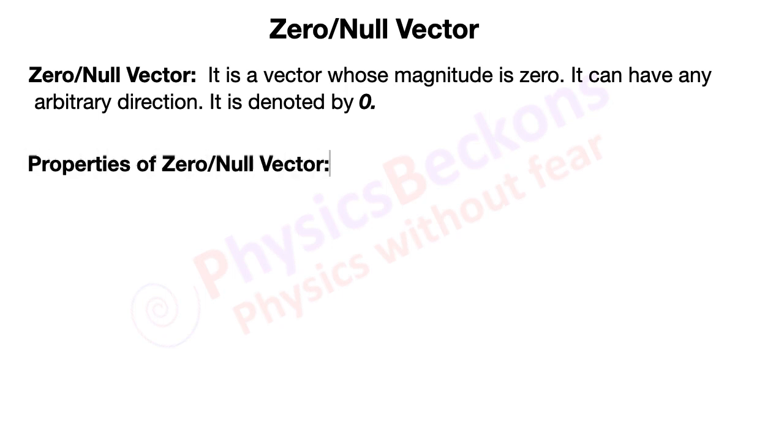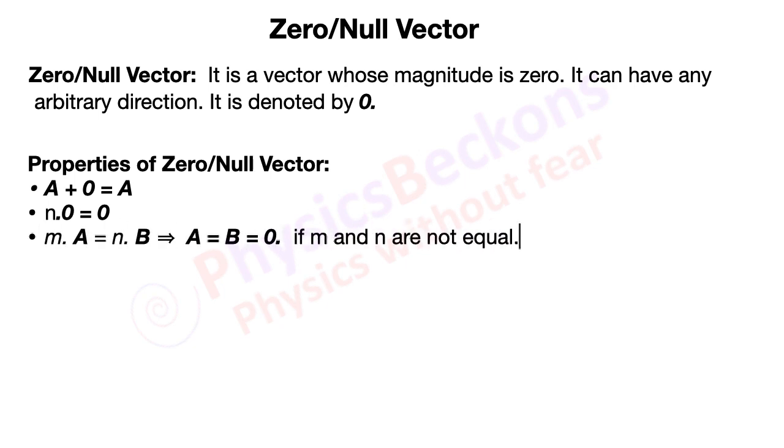Properties of the null vector are: a null vector added to a vector does not alter it. So a vector plus zero vector is the vector. Zero vector multiplied by any real number is the zero vector itself. So n into zero vector is zero vector.